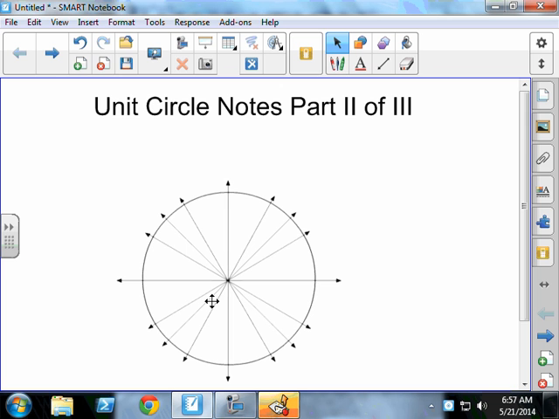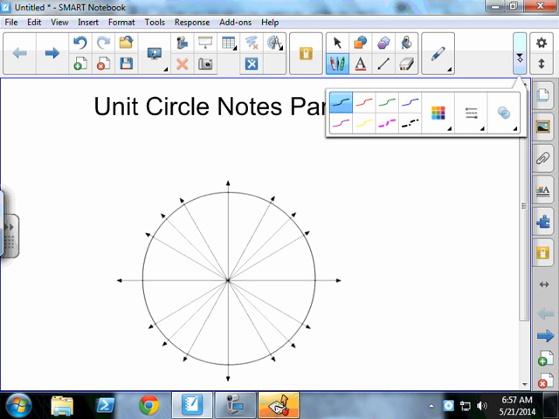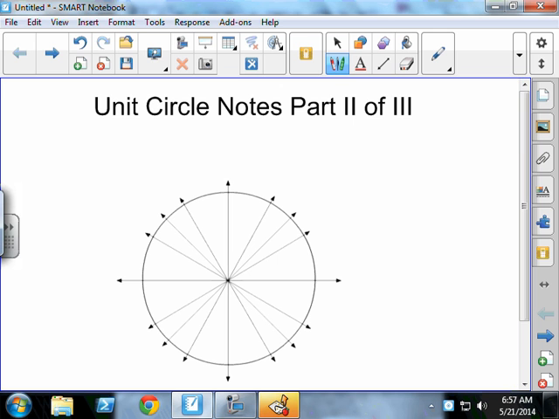Okay? So on the test that you're going to take, one question deals with a reference triangle. So I'm going to go ahead and just trace out a reference triangle here. So there's a radius. Remember, the unit circle has a radius of 1. So there's the radius of this triangle.